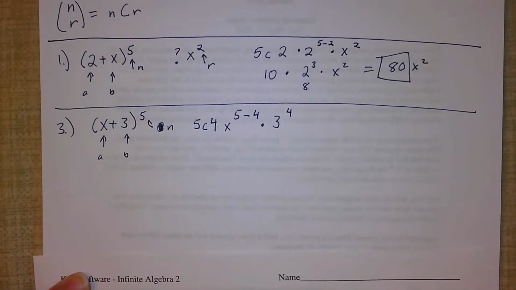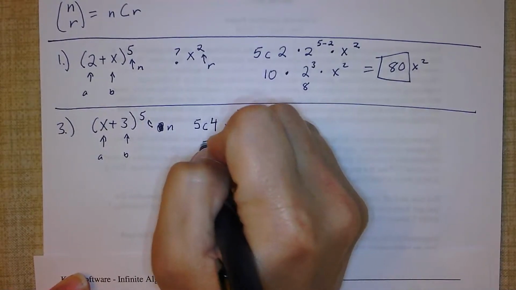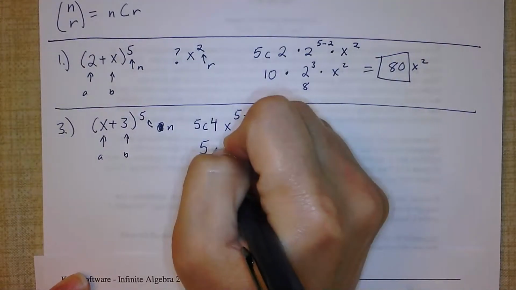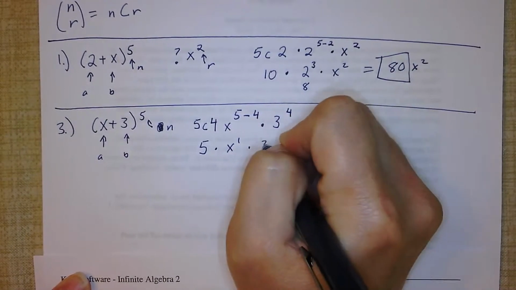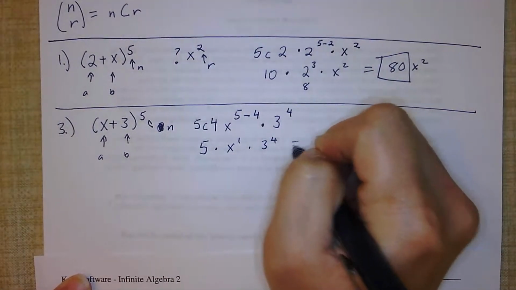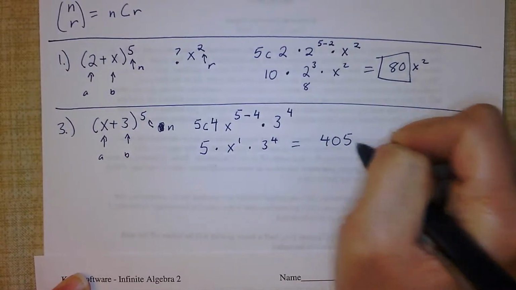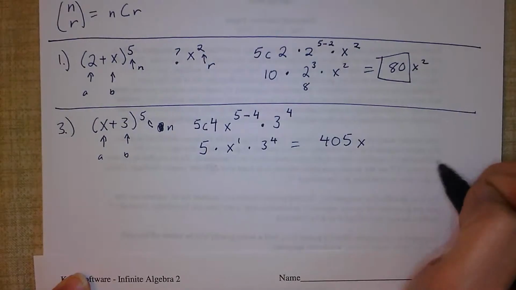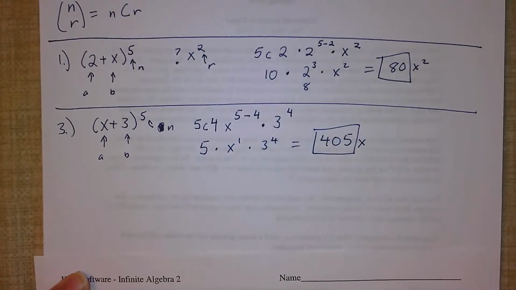On my calculator, I'm going to type in 5C4, and that gives me 5. And then x to the first, and I'm going to do 3 to the fourth times 5 on my calculator, and that is going to give me 405. Again, it's just asking me for the coefficient. So the coefficient is 405.